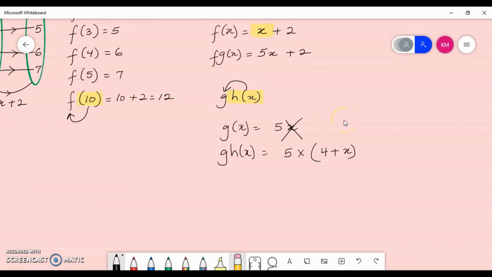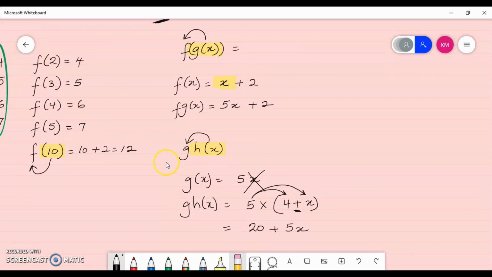So we can simplify this. We get 5 multiplied by 4 and 5 multiplied by x. 5 by 4, 20, plus 5 multiplied by x is going to give us 5x. And that's the simplified form of the function g of h of x.